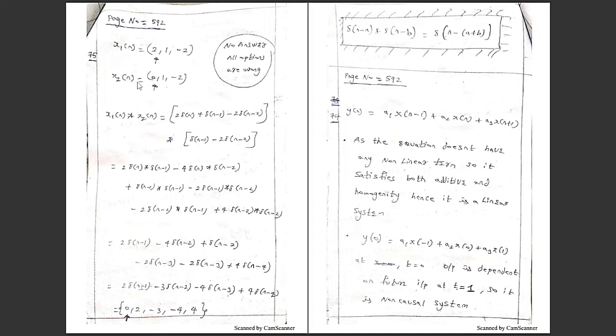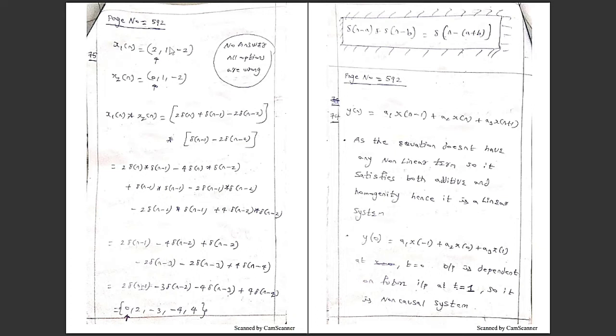For x2 of n, at 0 its value is 0, for 1 its value is 1, for 2 its value is minus 2. This arrow indicates that at n equal to 0 we keep this value, and these are the right side values. So no answer, all options are wrong. Now we'll discuss the exact solution. Convolution of these two signals means x1 of n convolved with x2 of n.